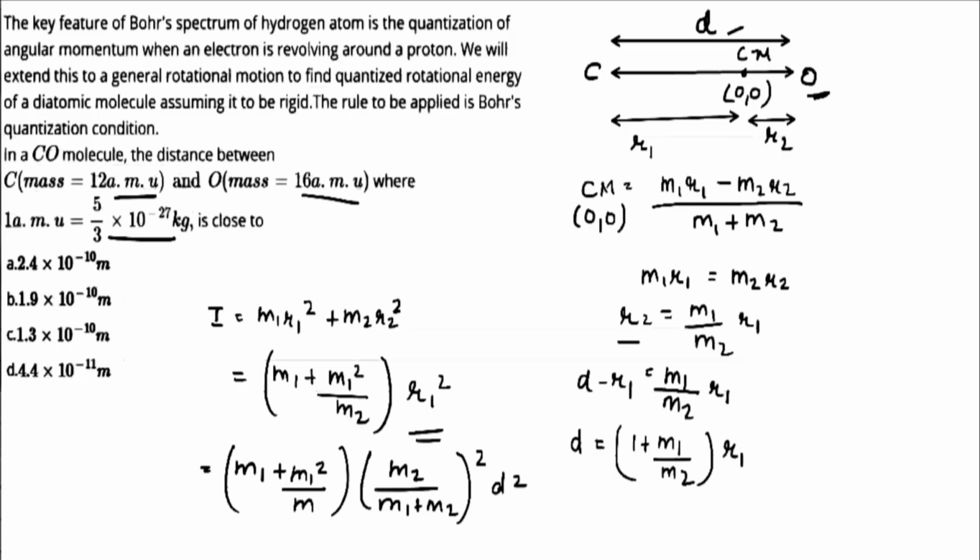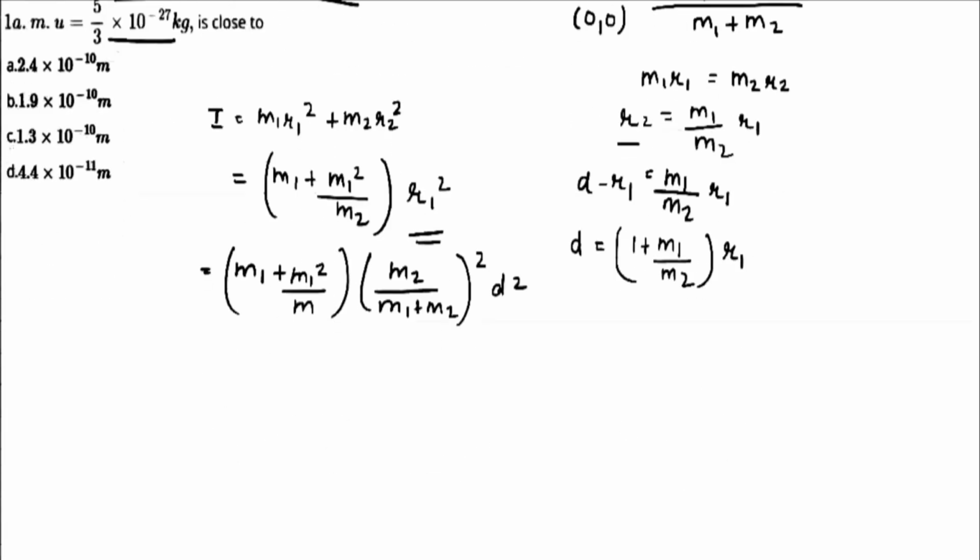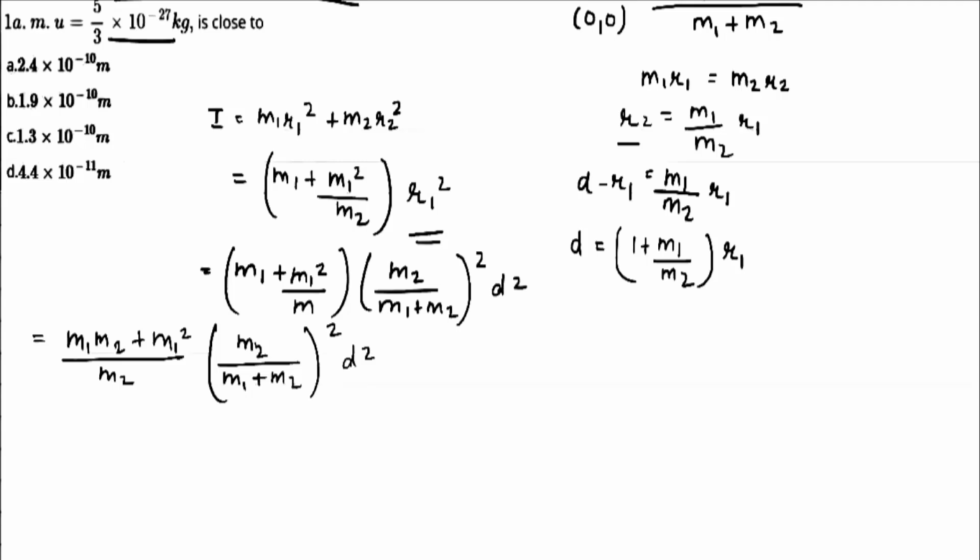Now we can write this one as M1 M2 plus M1 square upon M2 into M2 upon M1 plus M2 the whole square into D square. M2 and M2 will cancel.